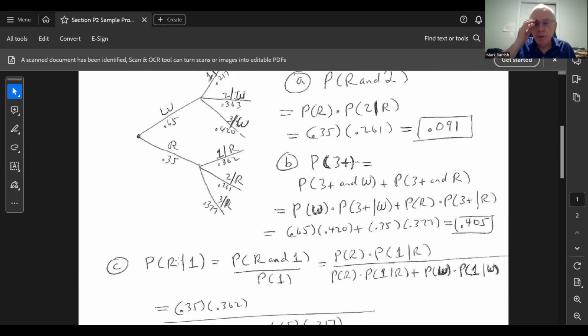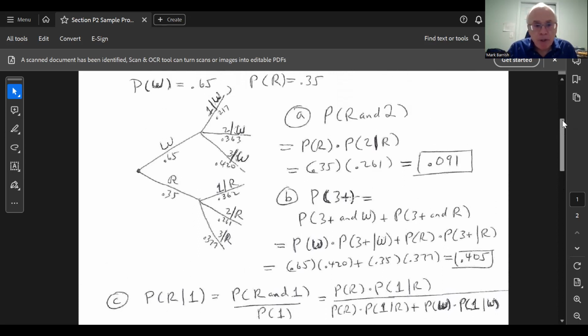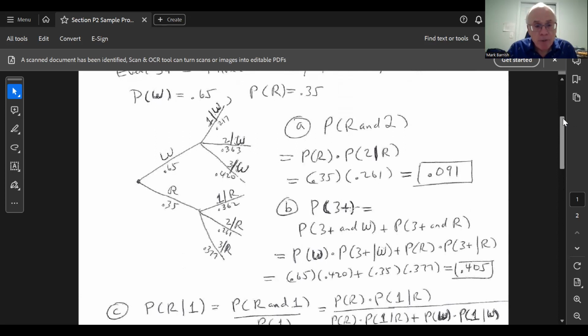It really does, because what the tree is giving you here, if you wanted to know something, it would be the reverse of this, right? You're given from the table that the probability of 1 given R is 0.362, but you're being asked for the reverse of it. So this is where the Bayes formula would be useful.